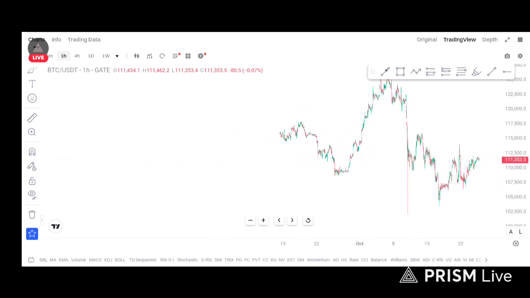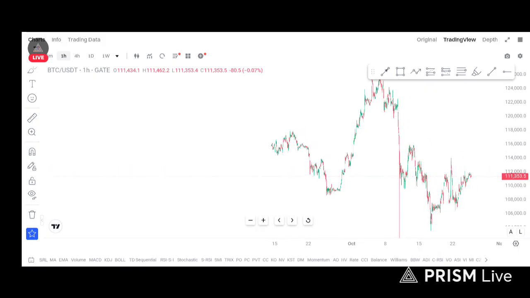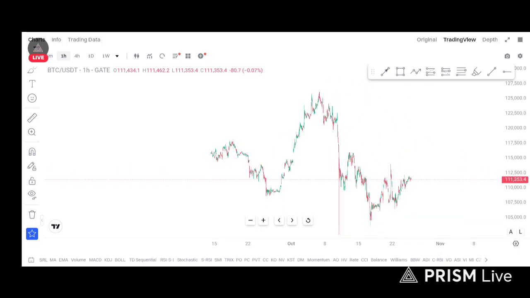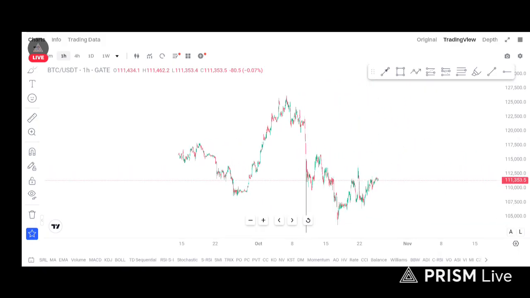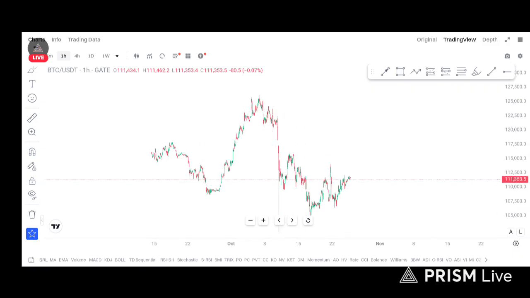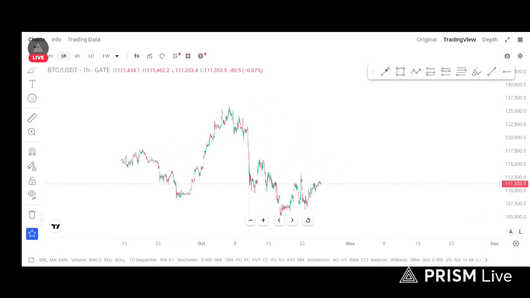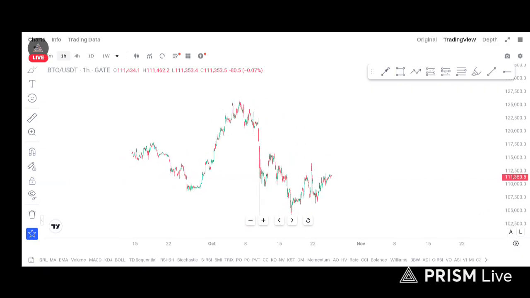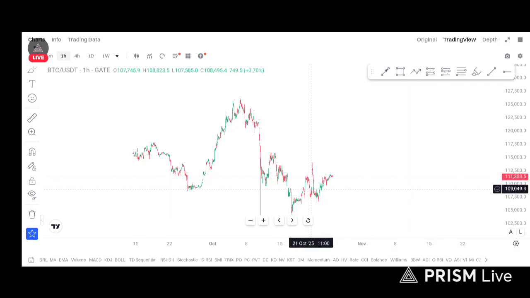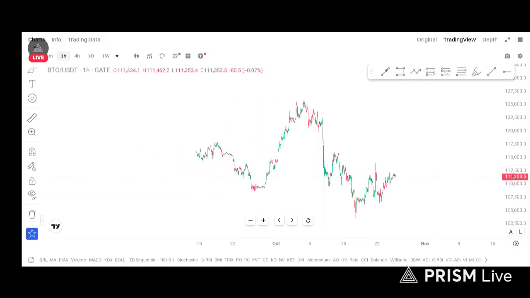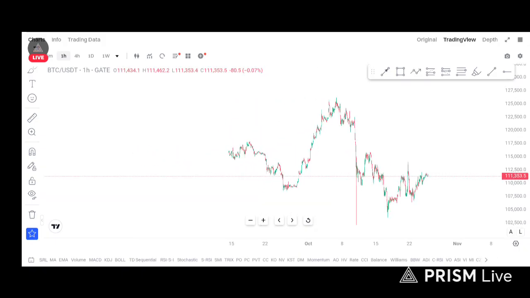So for the entries, I think I should combine the whole stuff with the top down analysis, because top down analysis is just the process of getting the trades, and if you now get a trade, you then look at the entries and talk about it in details. I think that's a better way to go about the whole stuff.